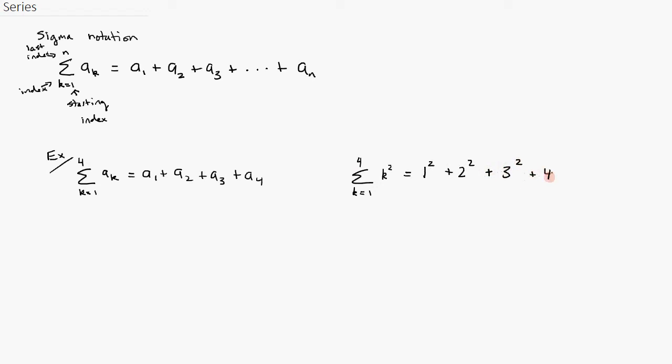When k equals 4, you get 4 squared. So there are 4 terms, and each time you plug the index into the formula. Now I just add this all up. 1 squared is 1, 2 squared is 4, 3 squared is 9, 4 squared is 16, and if you add this up, this is 10 plus 20, which is 30. So the value of the summation is 30.